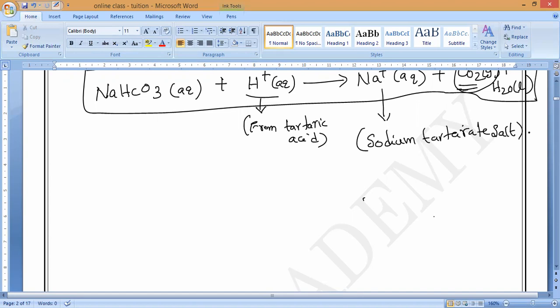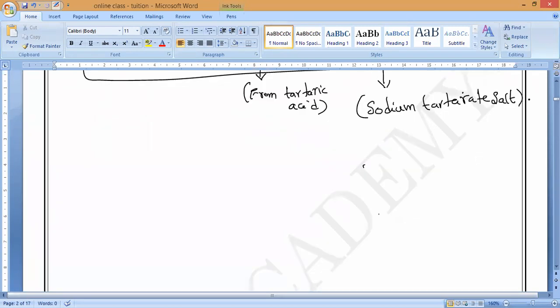Is it yes or no, guys? Yes, sir. The carbon dioxide gas stores in between the particles of the wet dough and makes it expand. It bubbles out slowly, making the cake rise and become soft and spongy. That is more important.